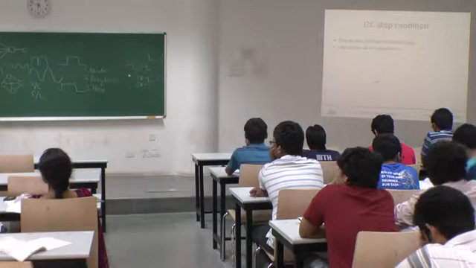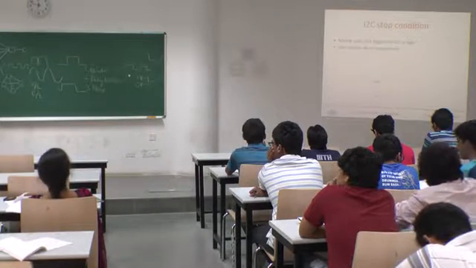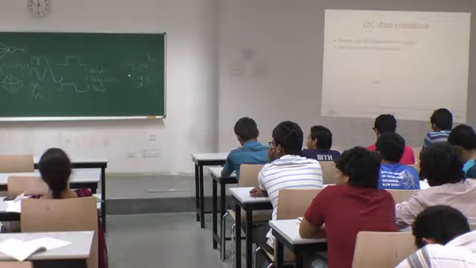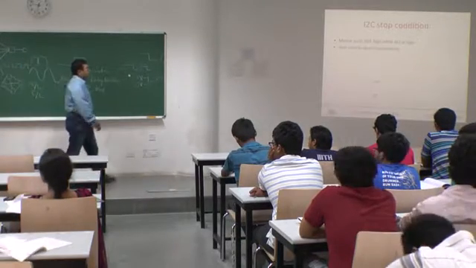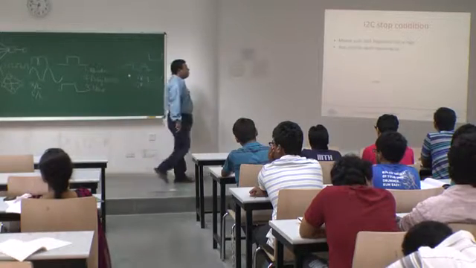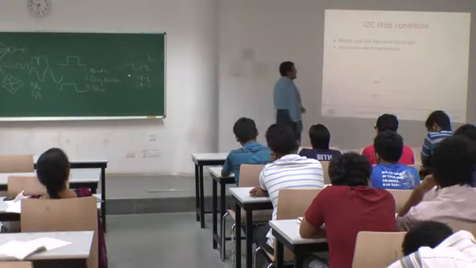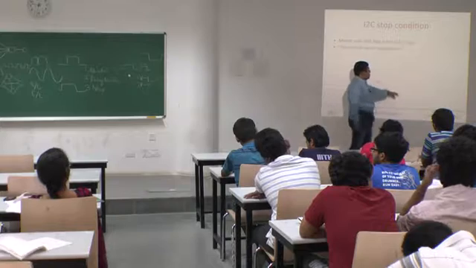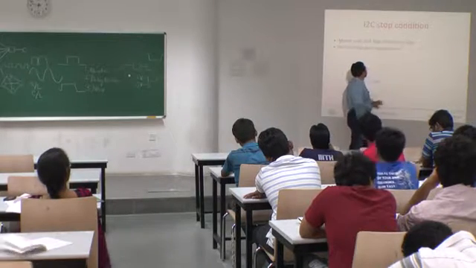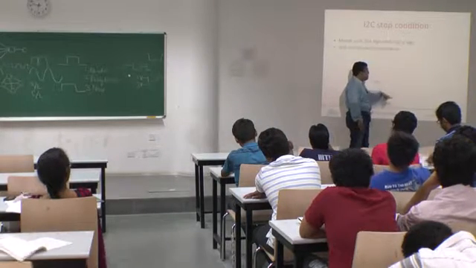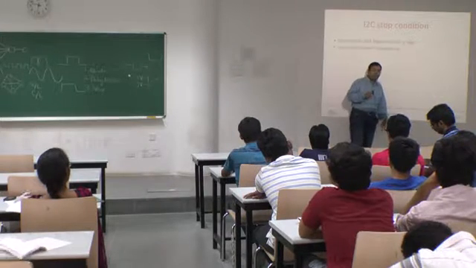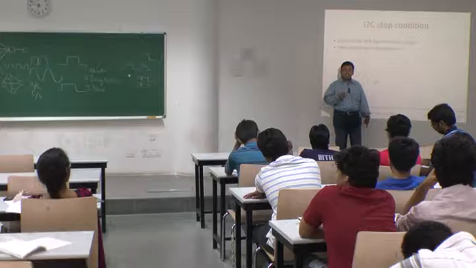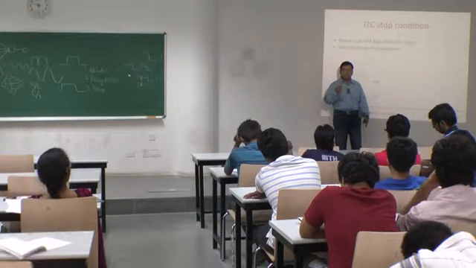So, if you see the I2C stop condition, the master pulls the SDA line to logic high while the SCL is high. This is just the opposite of the initiation of communication, or start condition.